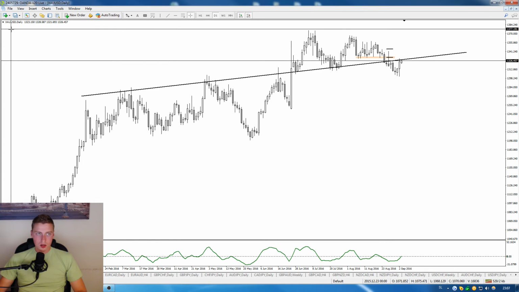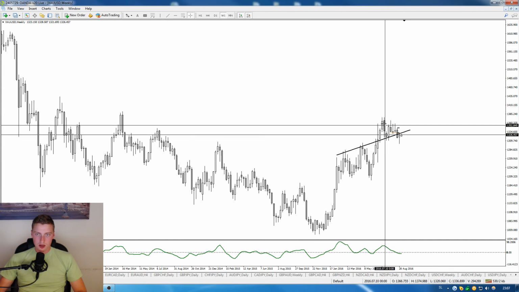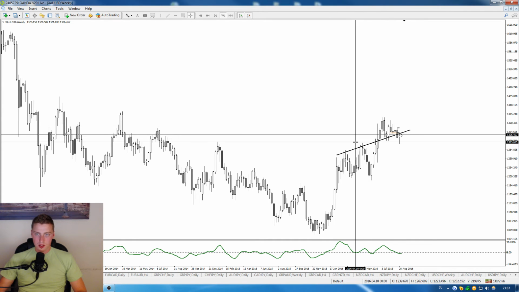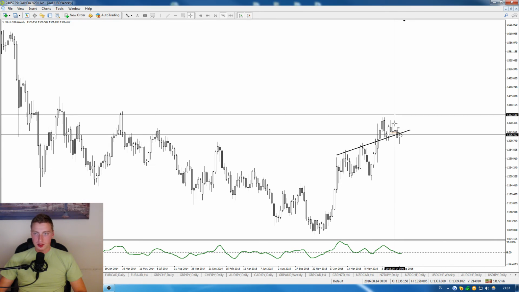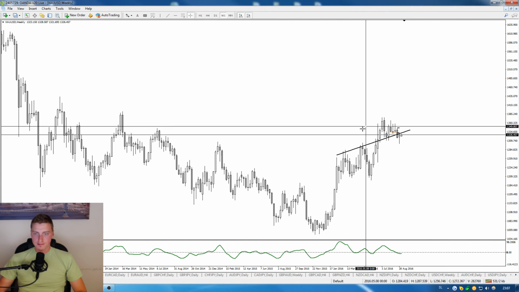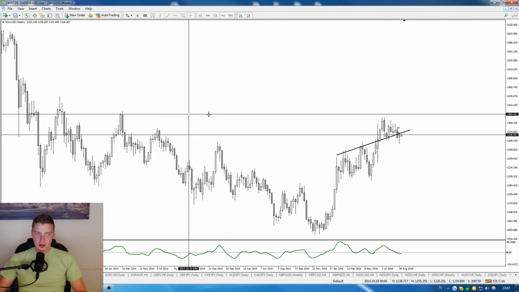So on gold, I saw that exhausted move. I mean exhausted. The uptrend is still picking up, but this divergence is showing a lot of potential to the downside.